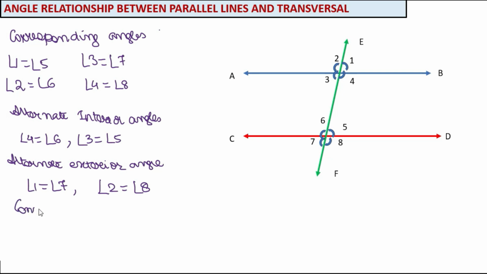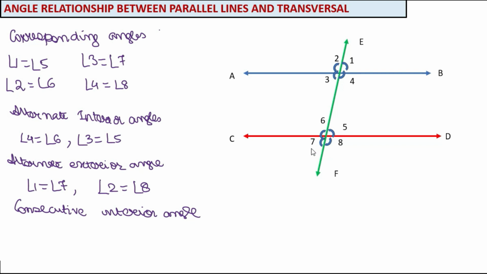Also, we have another term, that is consecutive interior angles. Consecutive means one after the other, and interior means lying in between the parallel lines. So angle 4 and angle 5 are consecutive interior angles, and angle 3 and angle 6 also make consecutive interior angles.